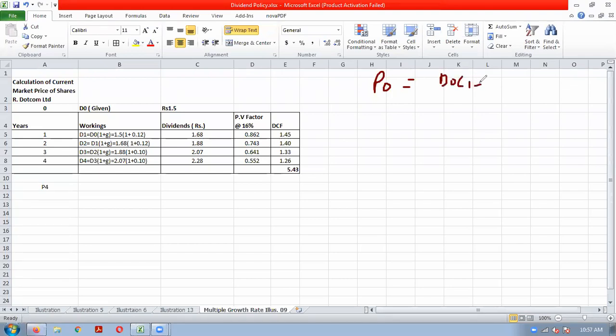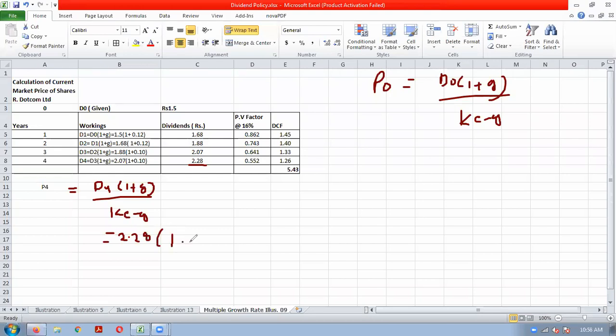P0 equals D0 (1 plus g) divided by KE minus g. Similarly, how can we calculate P4? P4 will be D4 (1 plus g) divided by KE minus g. Simple. D4 is how much? 2.28.